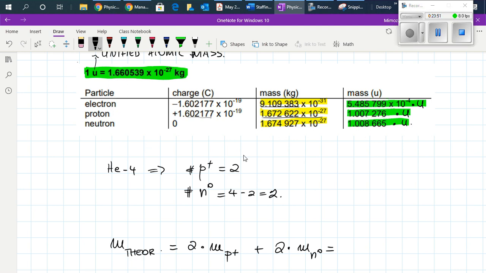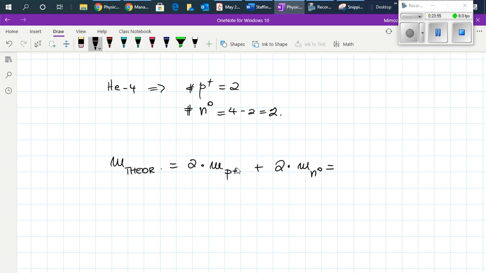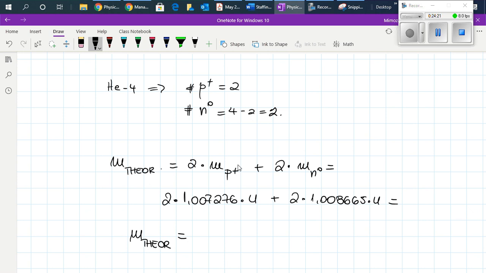Now using the information that we have here, let's use the unified mass: 2 times 1.007276 times U plus 2 times 1.008665 times U will be the theoretical mass of those 4 particles that actually form the nucleus of helium, but that we are considering as separate entities, which is 4.03182 times the unified mass.